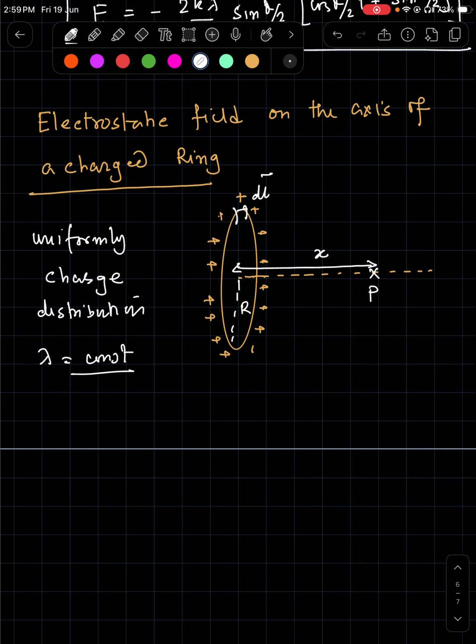Like in the previous example, dq is lambda dl. To get the electric field at the point P, in our mind, I have to keep a test charge here. So the dq will repel the test charge in this direction.